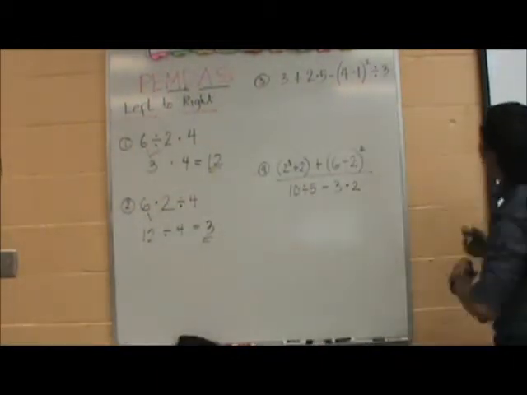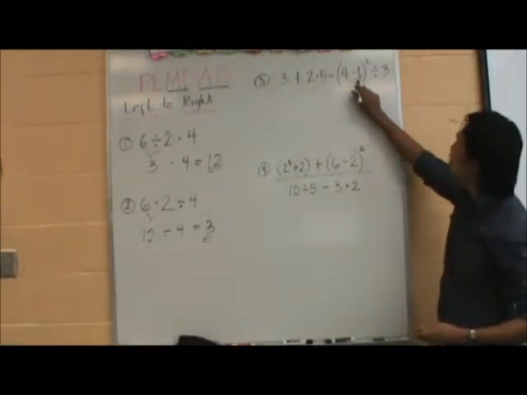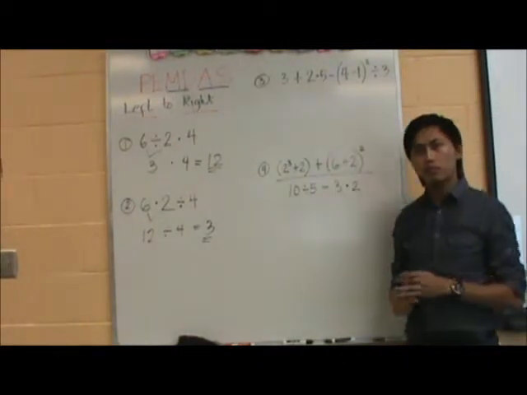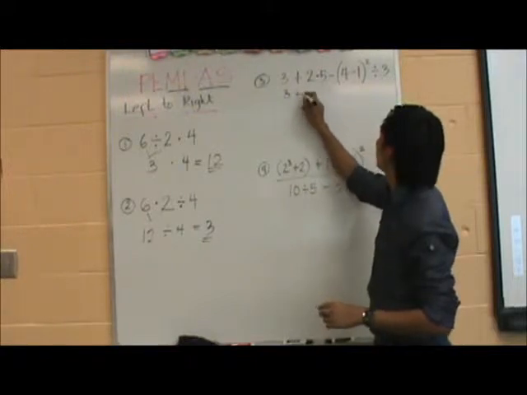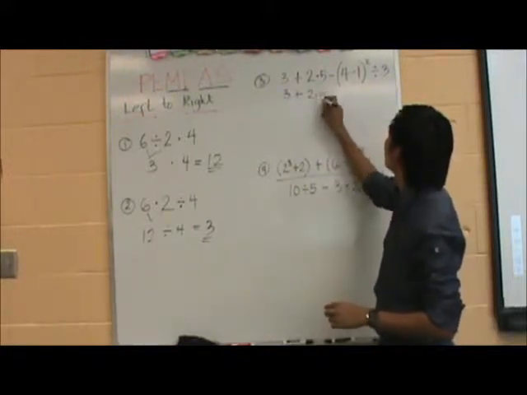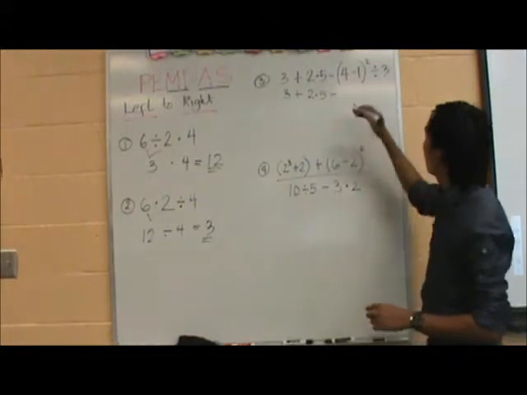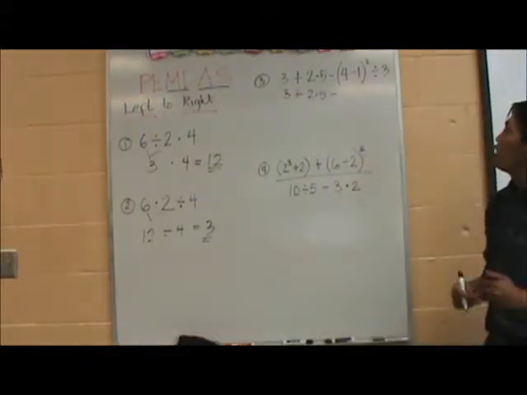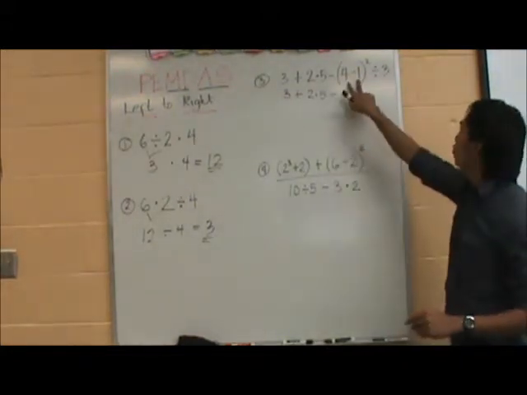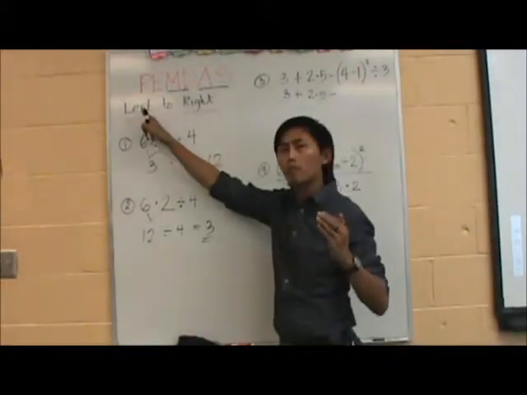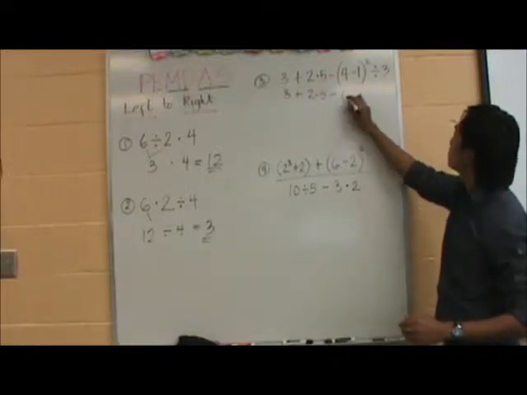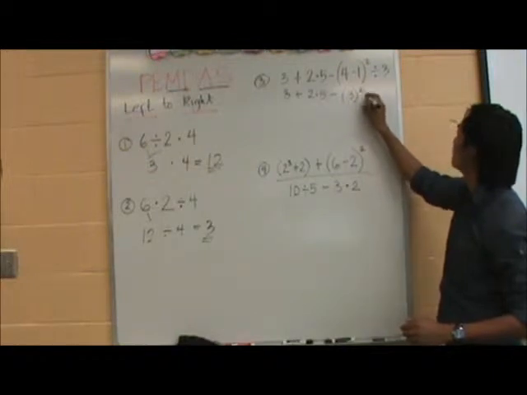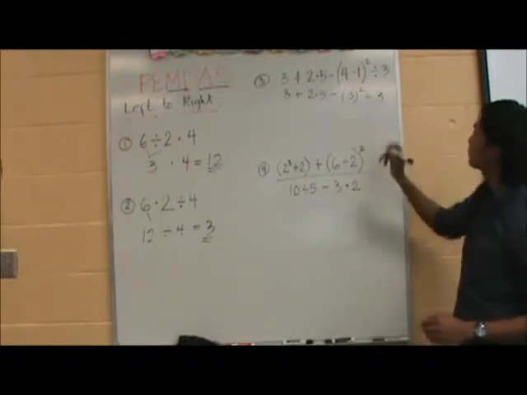In problem number 3, 4 and 1 are inside of parentheses. So we're just going to copy 3 plus 2 times 5 minus, and simplify 4 minus 1. Once again, we start with the numbers inside the parentheses. So 4 minus 1 is 3, to the second power divided by 3.